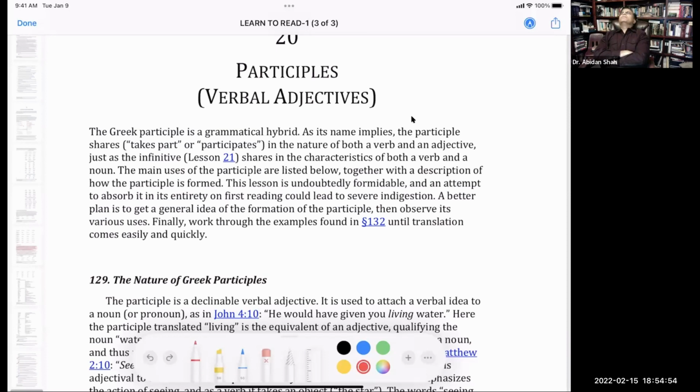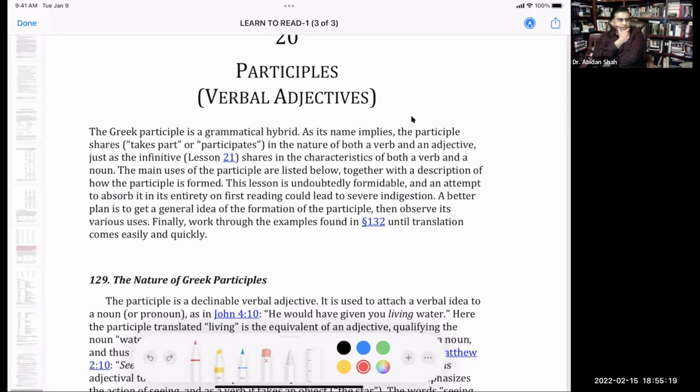And what is an infinitive? An infinitive is a verbal noun. A noun is the name of a person, place, animal, thing, idea. We're going to look at some examples in a minute. It'll make more sense. But let's keep reading this paragraph.